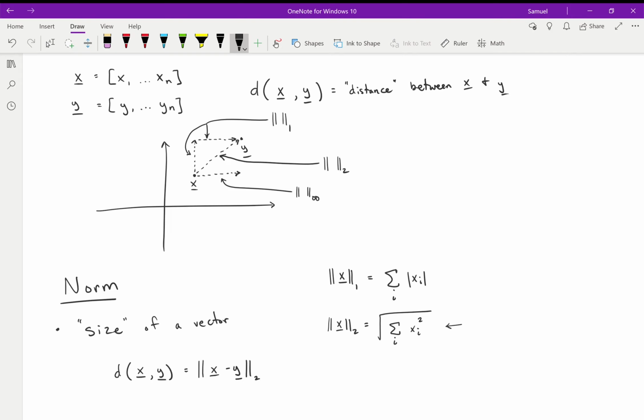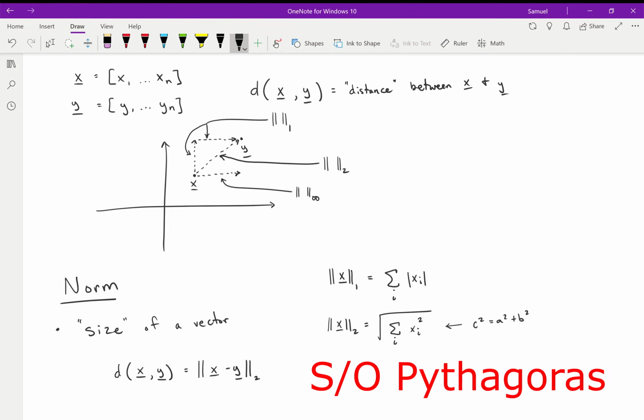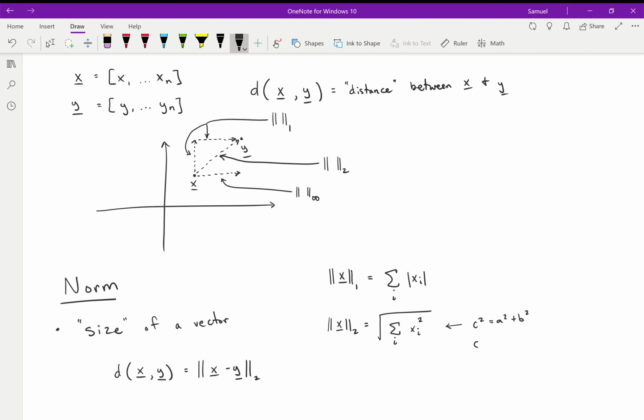If we're talking about finding the hypotenuse of this triangle, which is the distance between x and y, we say c squared equals a squared plus b squared, right? If we're trying to find the hypotenuse of a triangle. And so we know that this is going to be the length of that hypotenuse. You're taking the L2 norm between, in this case, this point x and this point y.